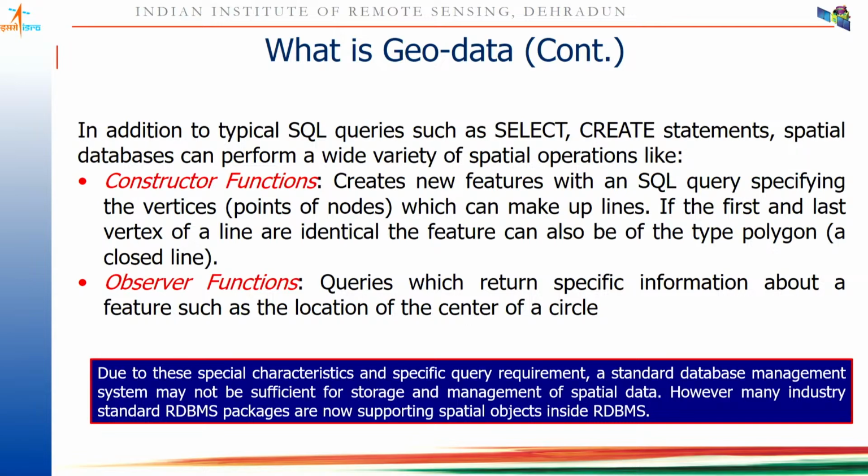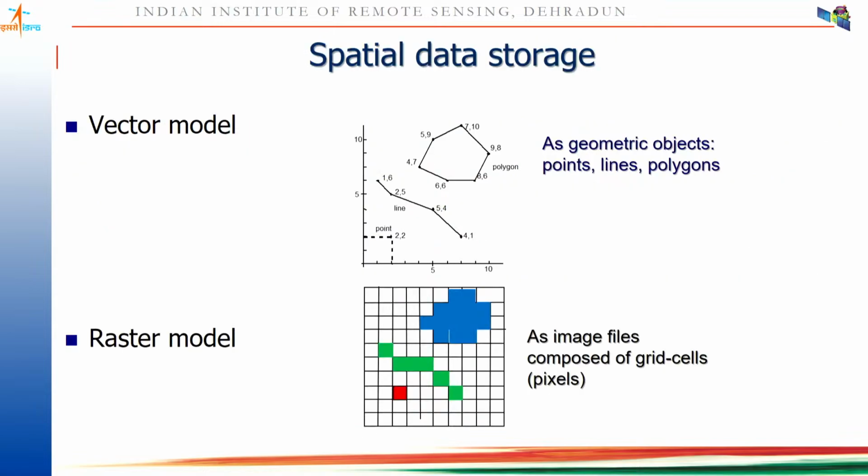But in case of spatial data, again, we'll be using the same approach of storing and managing our data, but here you have to understand that our data type will change. So when our data type is changed, then our operations will also change. So these are some specific characteristics which are required to be supported by the selected database system for spatial operations.